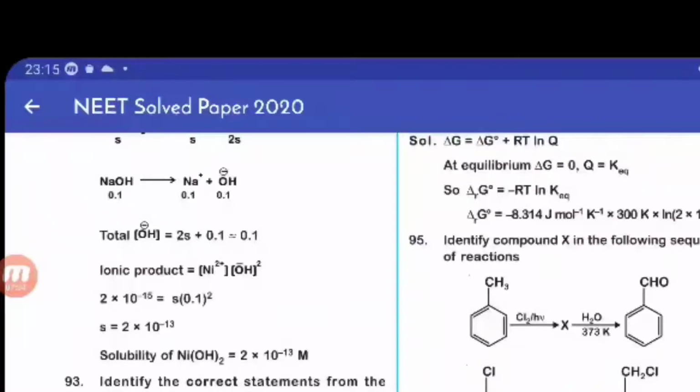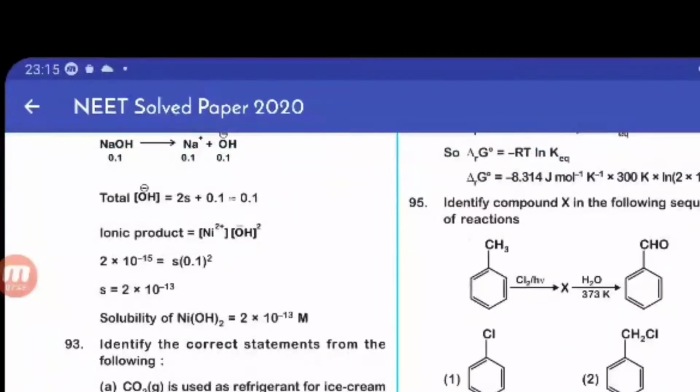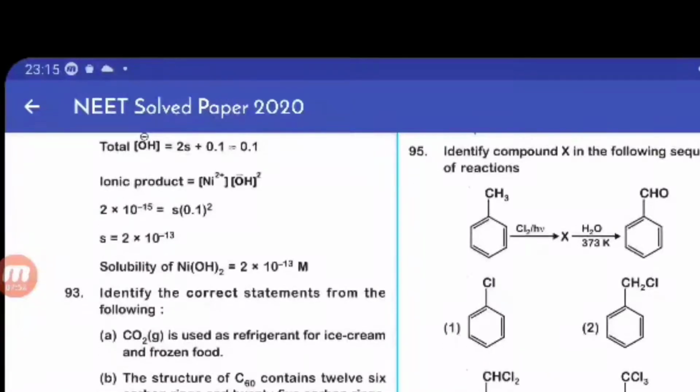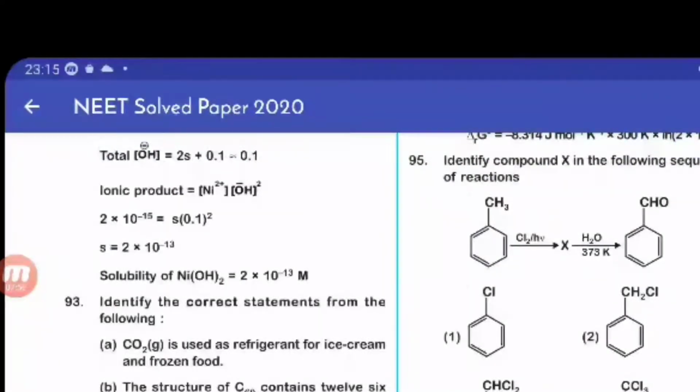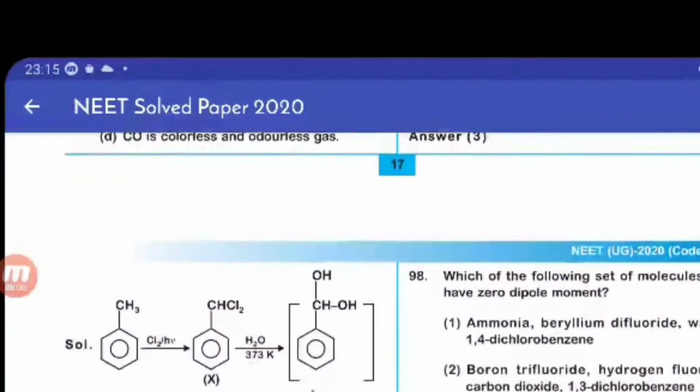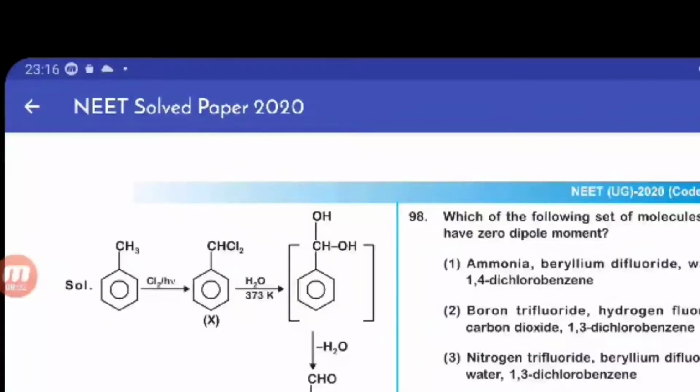X will be benzyl chloride, and after that, if benzyl chloride undergoes hydrolysis, it will form a dihydroxy substance, which further will undergo reduction to form aldehyde. So X is option 3. It has to be a dihydroxy compound. Yes, see, the value of X is given here. The structure of X is given here.